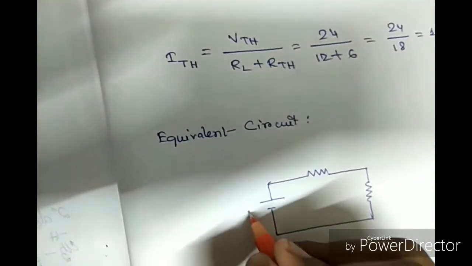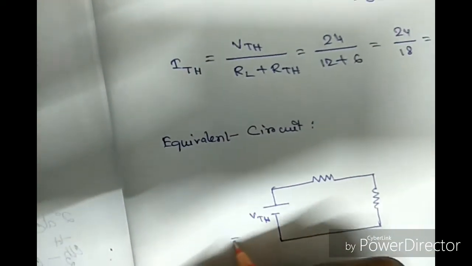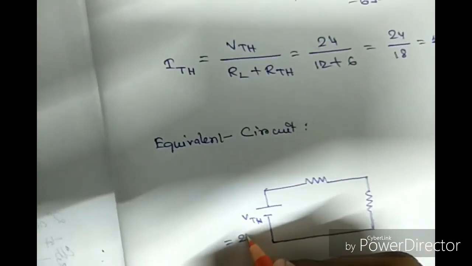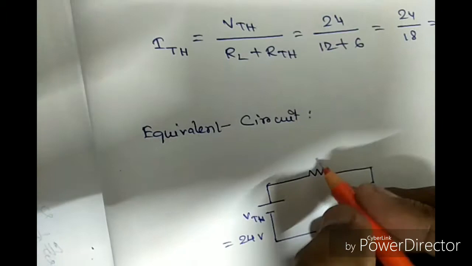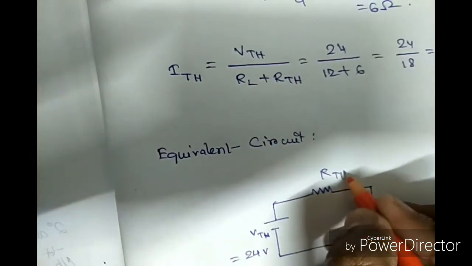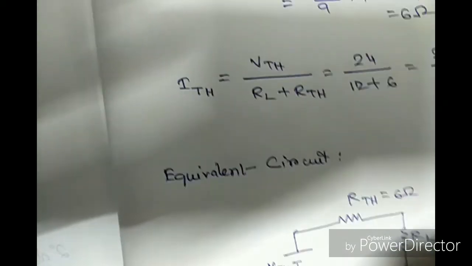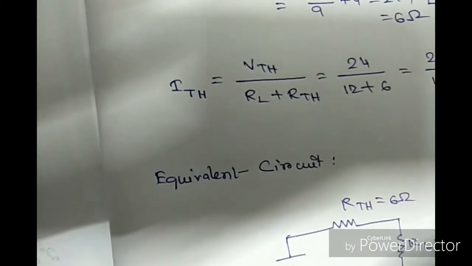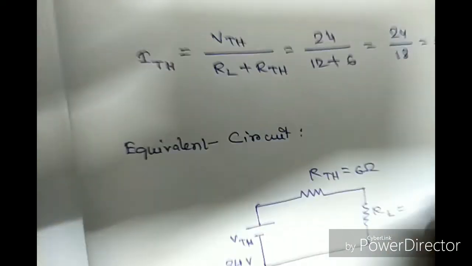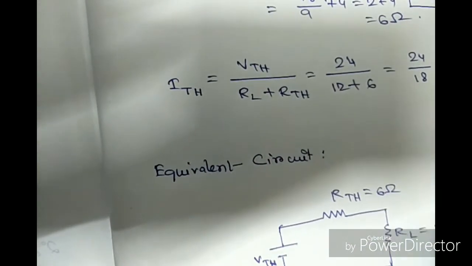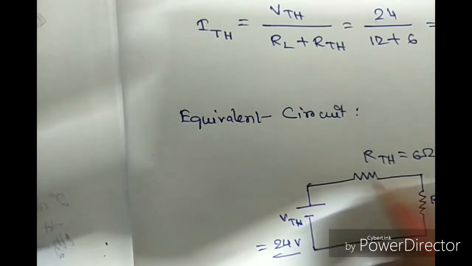VTH equals 24 volt, Thevenin's resistance equals 6 ohm, and the load resistance is 12 ohm. So our Thevenin's voltage is 24 volt, and Thevenin's current is 1.33 ampere.